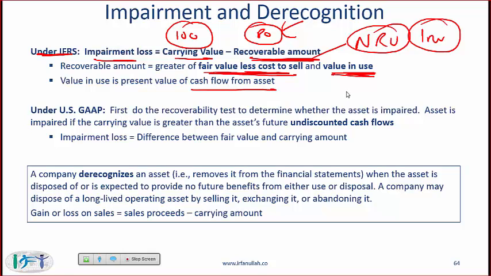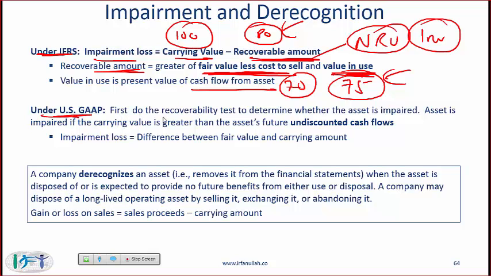So if the asset will generate cash flow and the present value of that cash flow is 75, but the fair value less cost to sell is 70, then what's the recoverable amount? It is the greater of the two, which is 75.